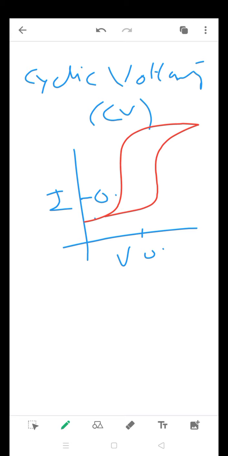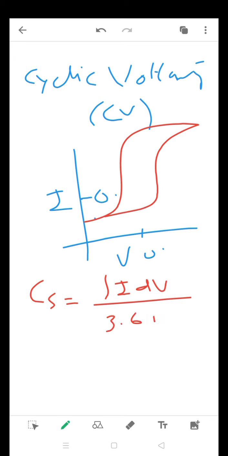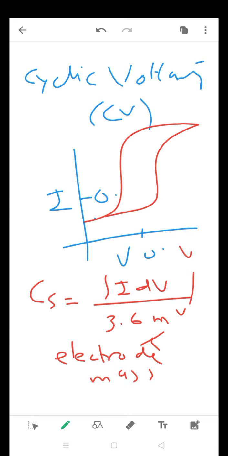Okay, so the area inside the curve gives the specific capacitance, which is given as the integral of I dV divided by 3.6 mV, where m stands for the mass of the electrode, and V stands for the voltage.